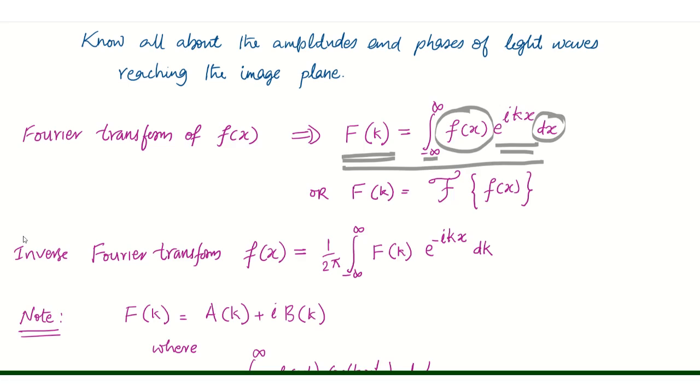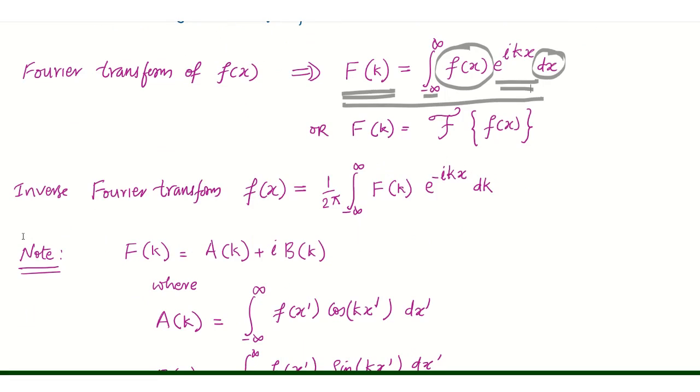It is as simple as that as an expression. Now, if you know the Fourier transform of a function, you can find the function itself by something called the inverse Fourier transform, which is almost exactly the same, with only plus i replaced by minus i, and the integration is over k.